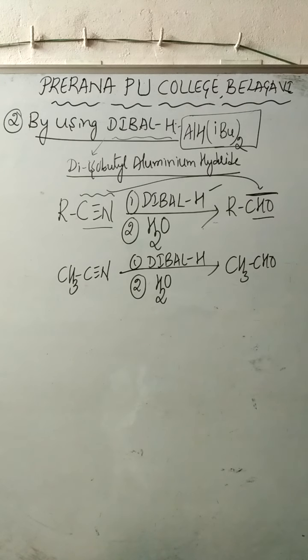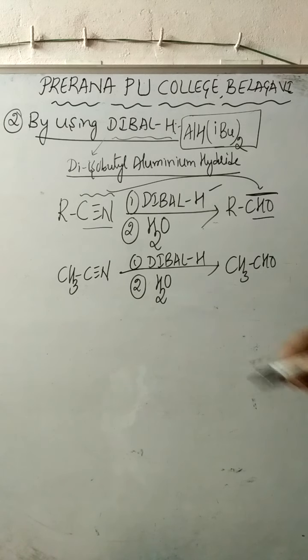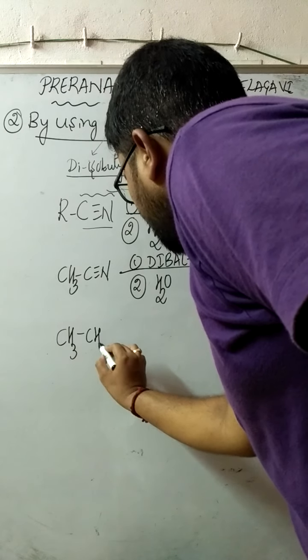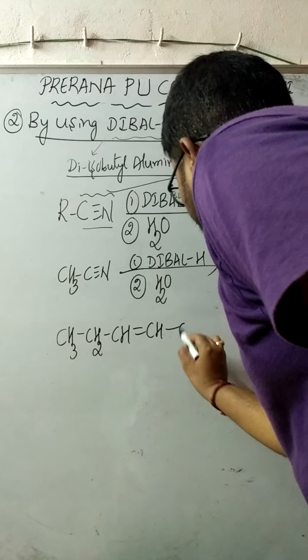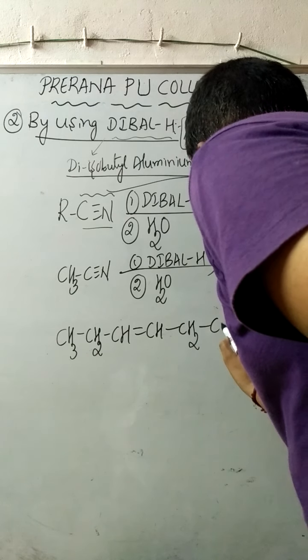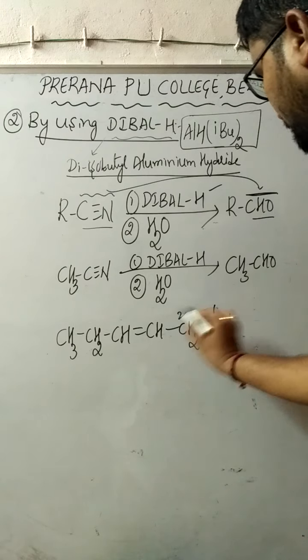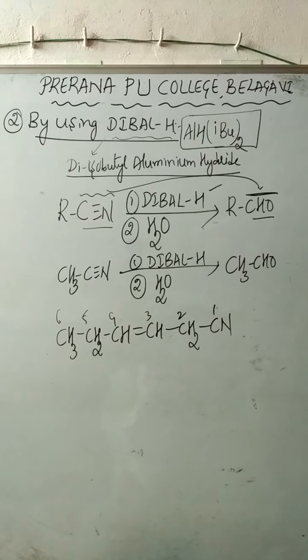Such an example was asked in board papers. So let us discuss one such example. Suppose I write the structure as, come on. When we try to name this compound, totally there are 6 carbons present in it.